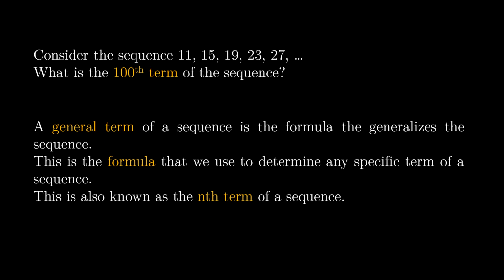So the general term of a sequence is actually the formula that generalizes the sequence. This is the formula that we use to determine any specific term of that sequence. This general term, or this formula, is also known as the nth term of the sequence.